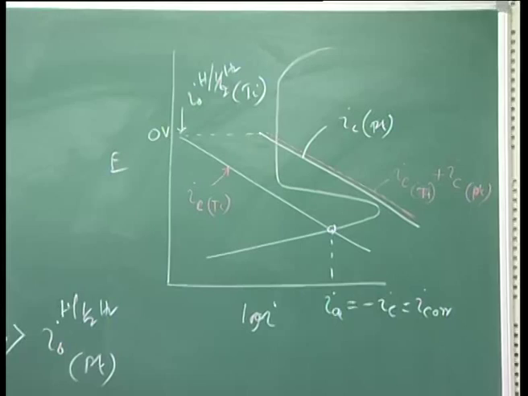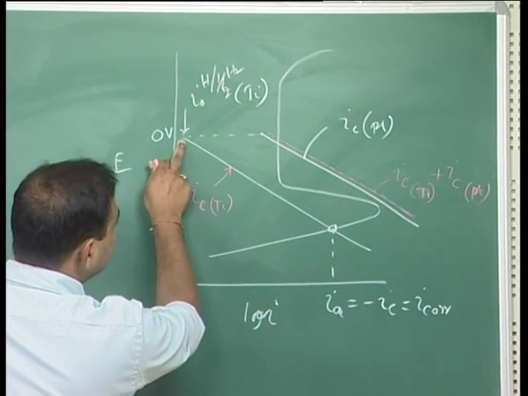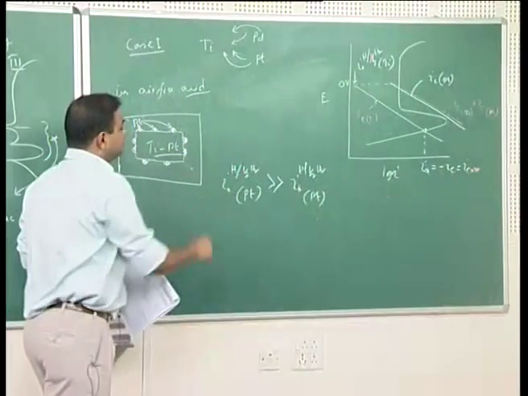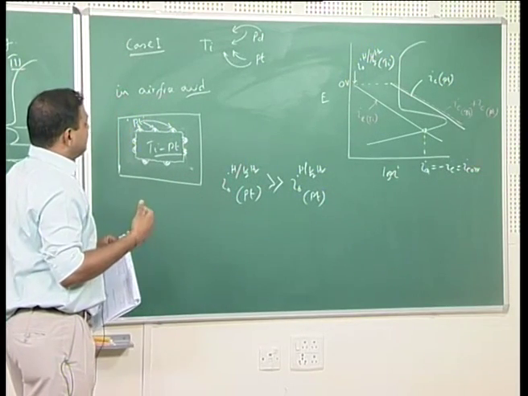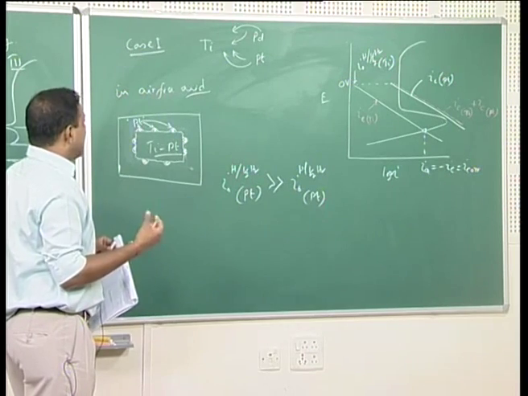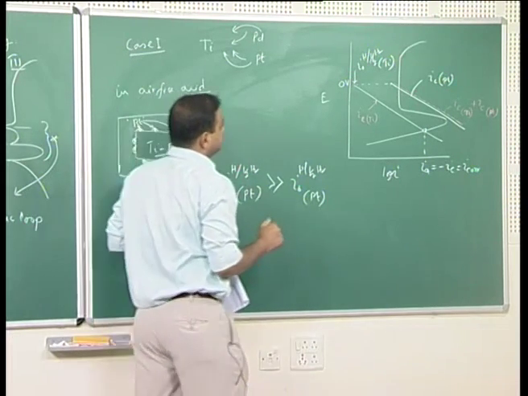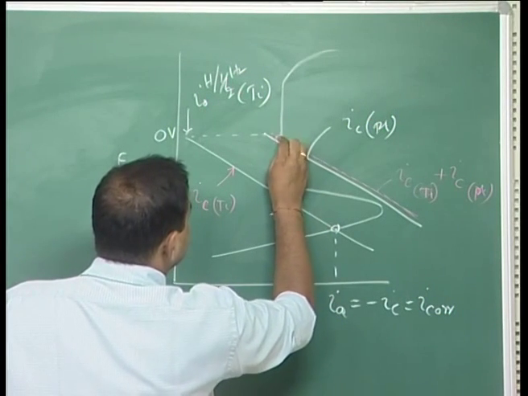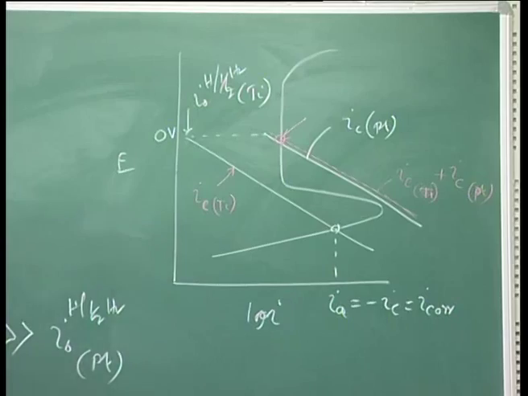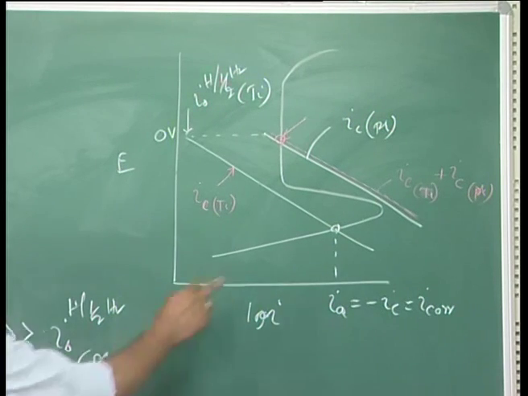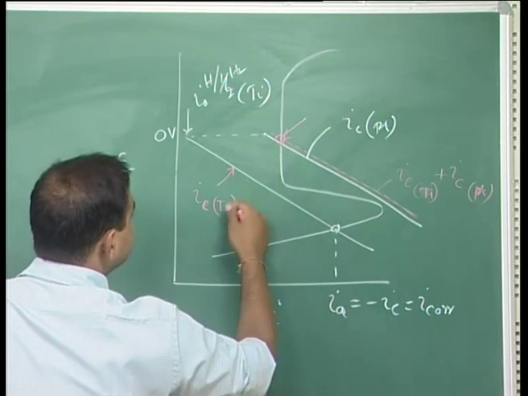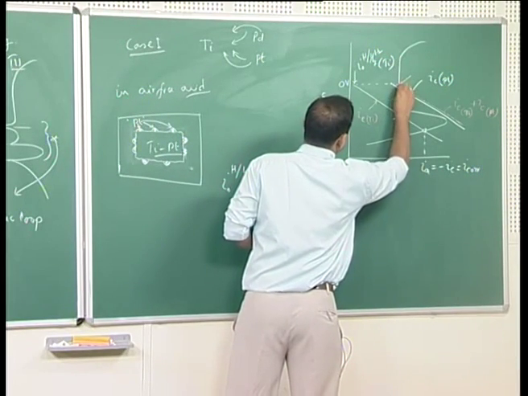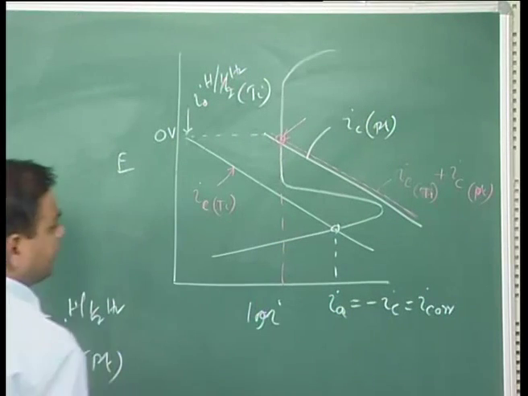Now, you see, initially when there was this reaction only, it was cutting in the active zone. Now, once you have this platinum enriched zone, because of dealloying and redeposition of platinum, your equilibrium point has shifted to this. So, initially you are in the active region. Now, because of this platinum enrichment on the surface, your corrosion current is now this one.